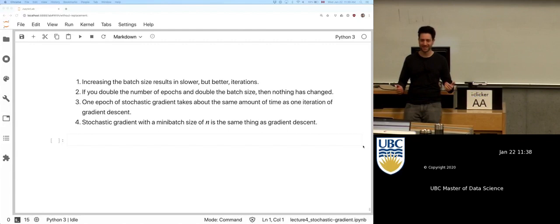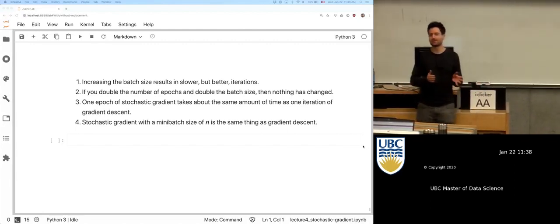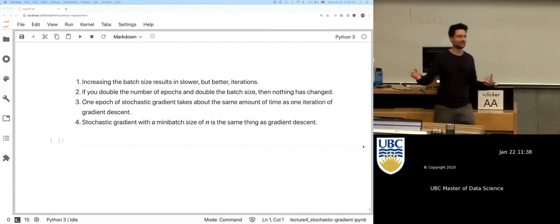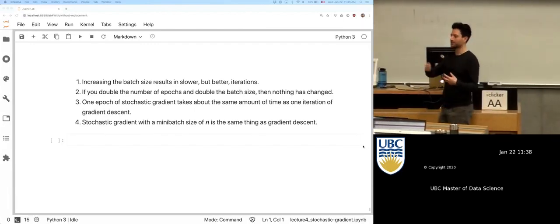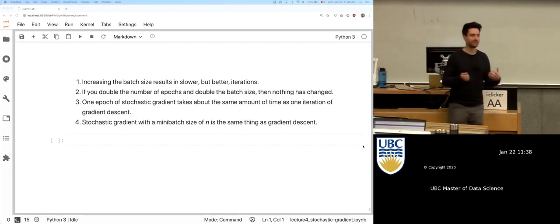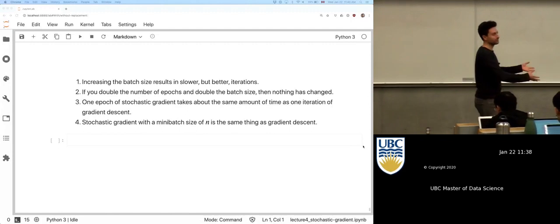If we go back to our example with n equals 1,000 and a batch size of 10, and we're doing one epoch, then that would be 100 iterations. If our batch size was 20 and we were doing 2 epochs, it would still be 100 iterations. But something has changed because we're actually doing more optimization here.